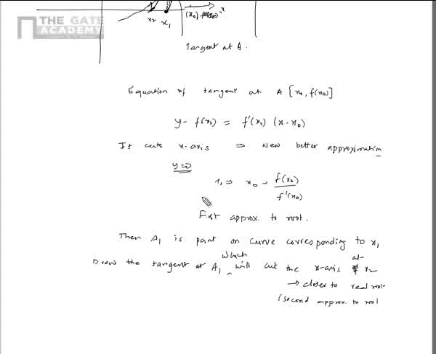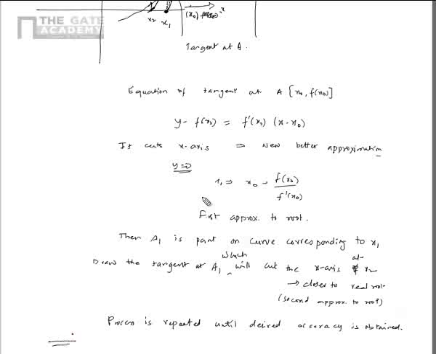And that is the second approximation to the root. So the process is repeated until the desired accuracy is obtained, the accuracy which you feel is required.